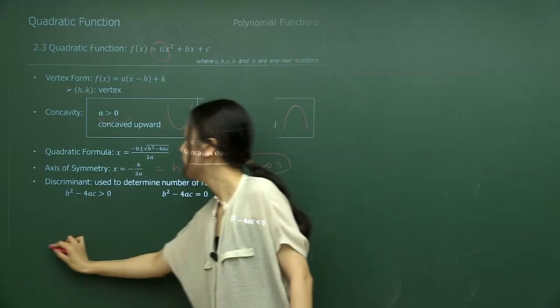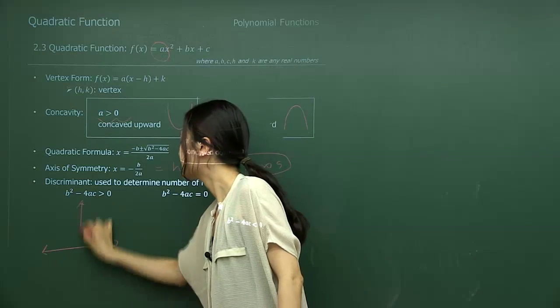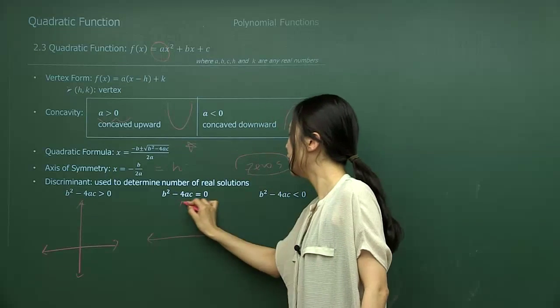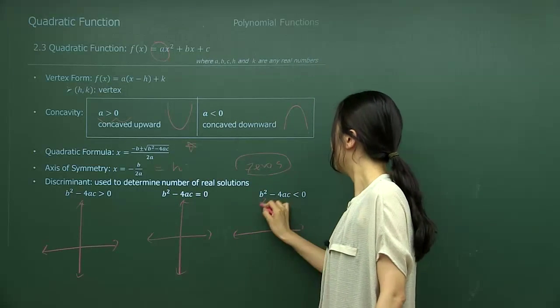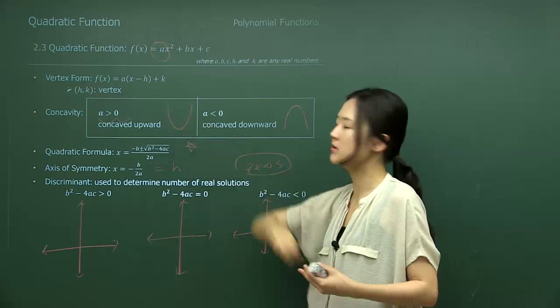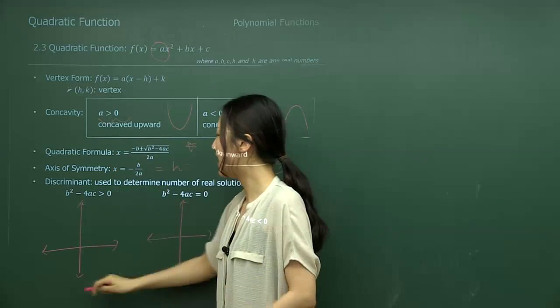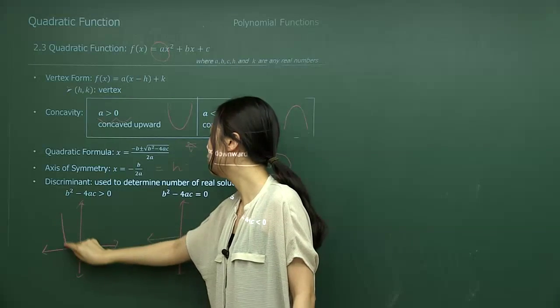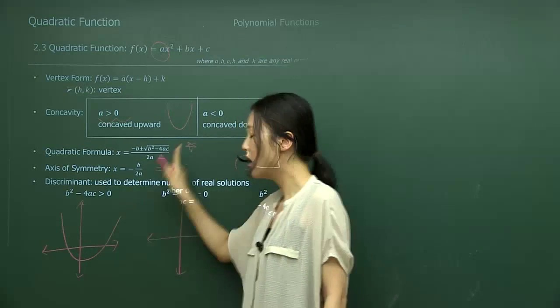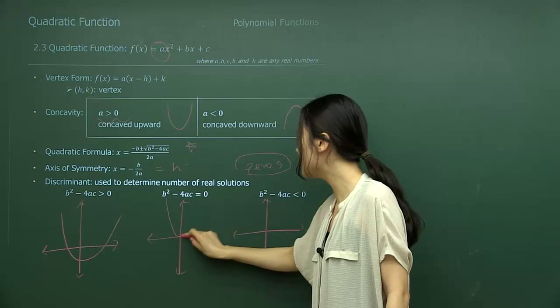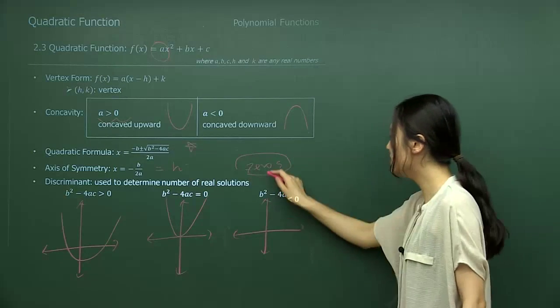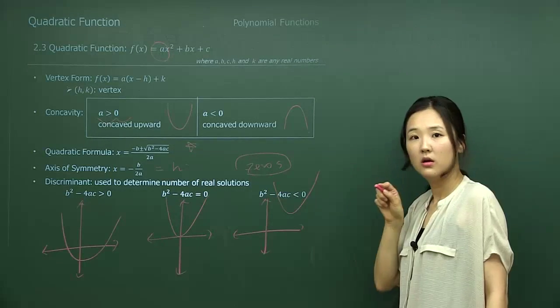Consider having positive a, so it will be concave upward. Sometimes your concave upward graph will pass the x-axis twice, but sometimes it will pass it once, or sometimes it won't pass it at all.